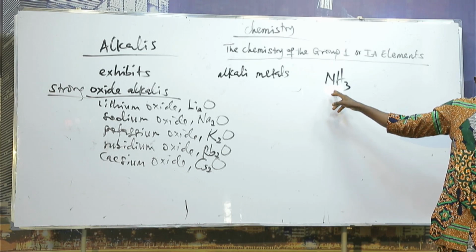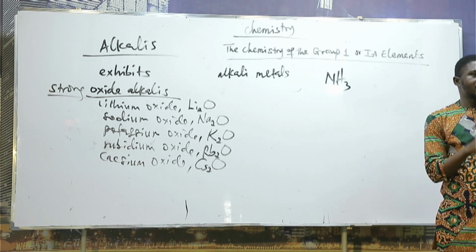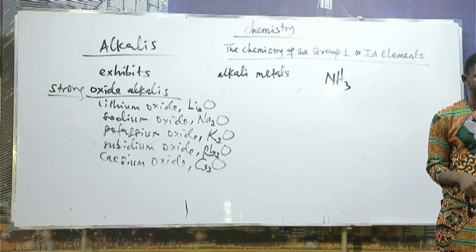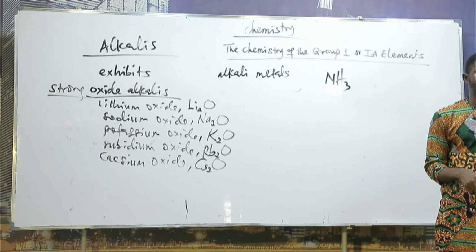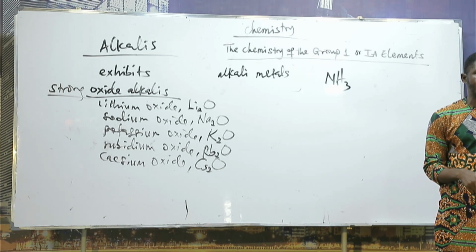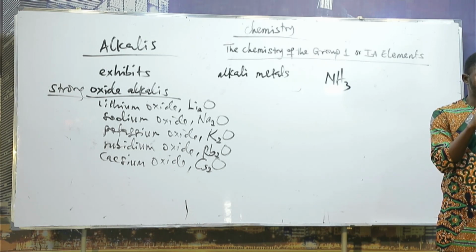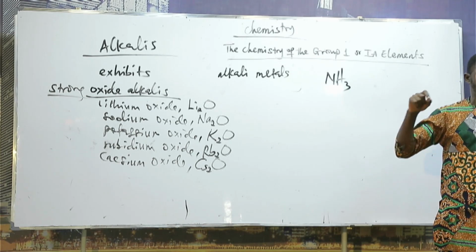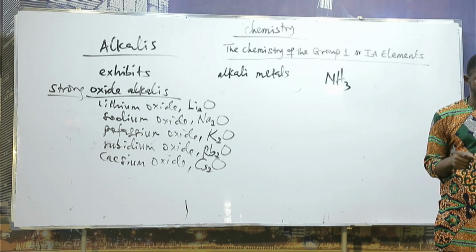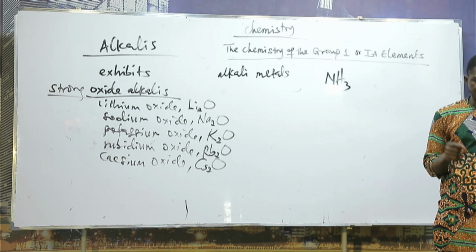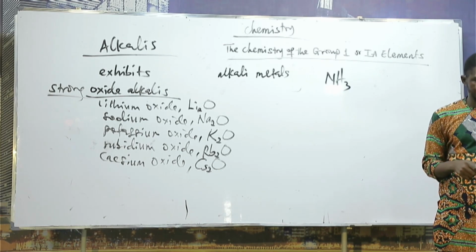What makes ammonia a base is the lone pair in it. Does ammonia have a lone pair? Yes. How many lone pairs? One, right? It is the lone pair that makes it a base.